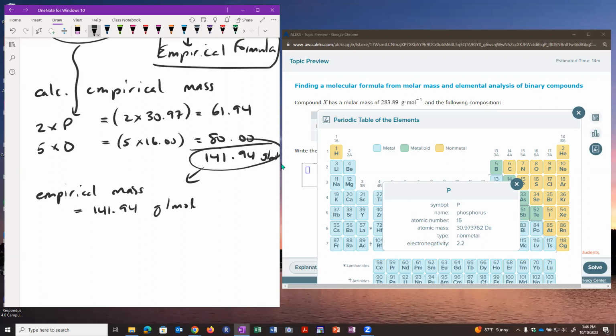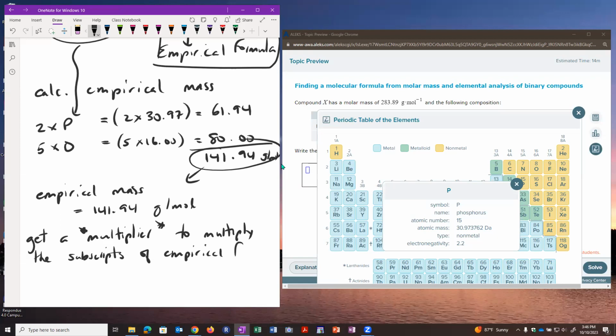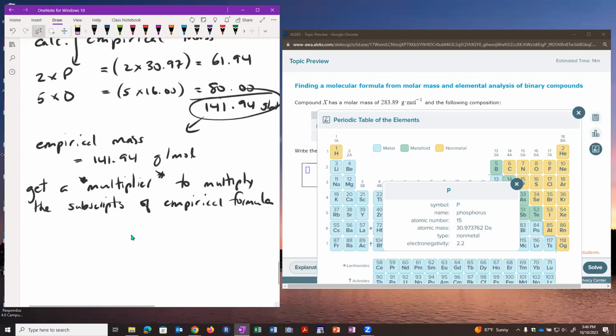What I can do now is use those two numbers to get a multiplier to multiply the subscripts of the empirical formula by. So how do we get that multiplier? We're going to take the molecular mass, or the molar mass, and divide it by the empirical mass.